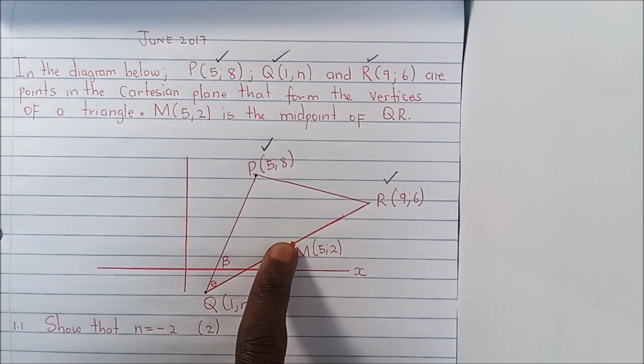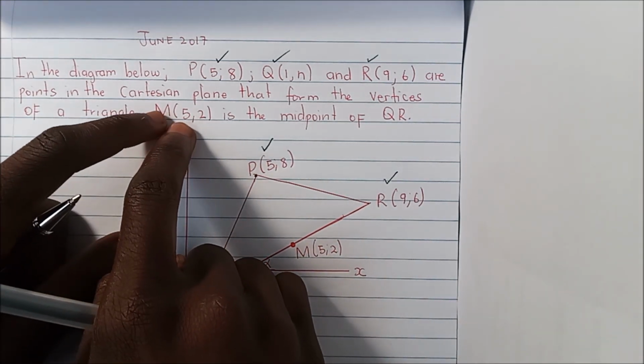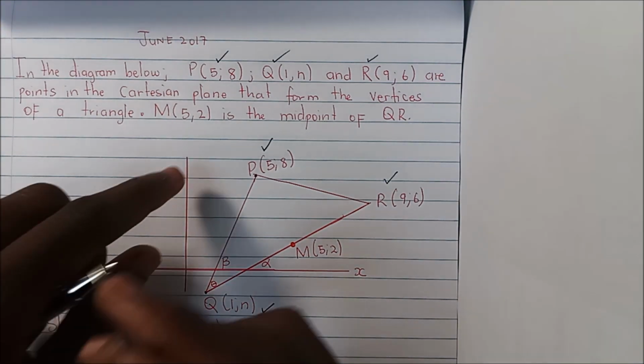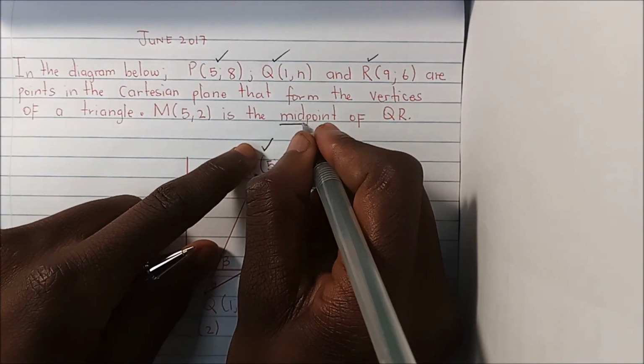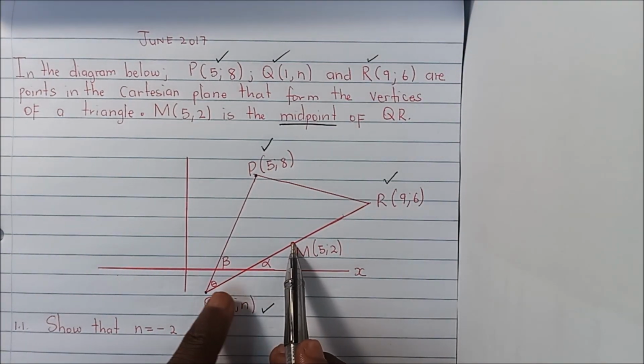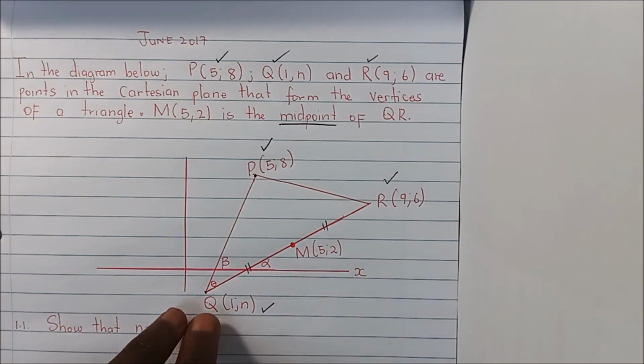They're saying M, which is this point, which has the coordinates (5; 2), is the midpoint. So this M is the midpoint, which means it's in the middle of QR.